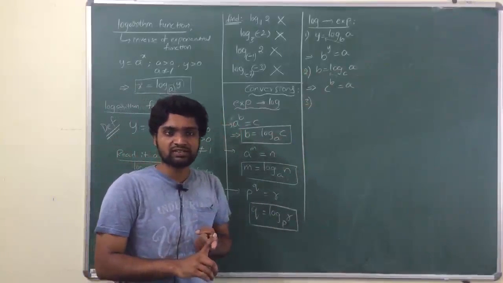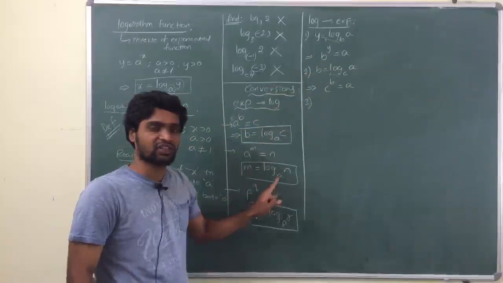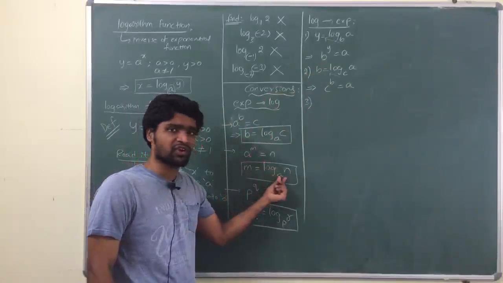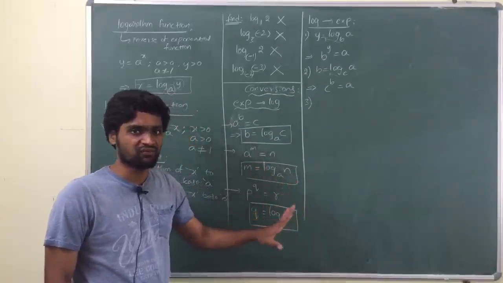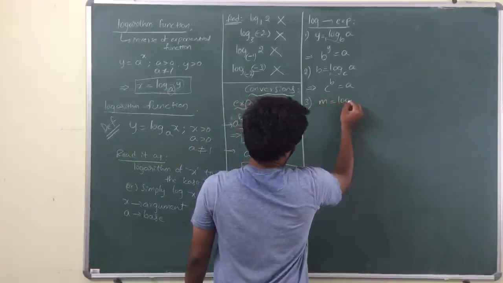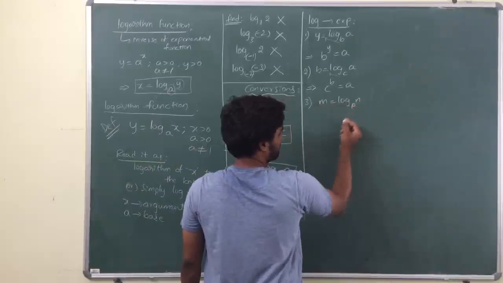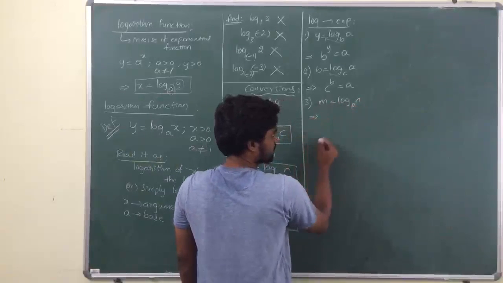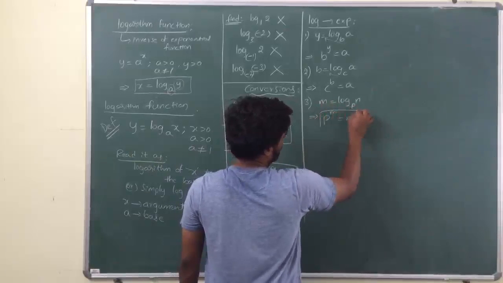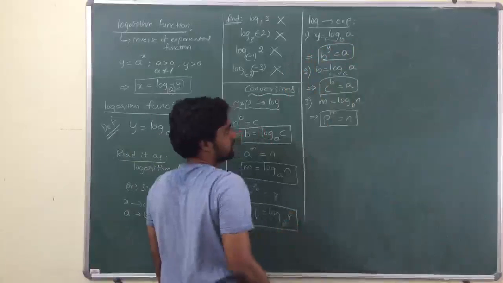While conversion, base of exponential function and logarithmic function remains same. Base is same for both. Next, m is equal to log n to the base p. So how will you get that? Again, p power m is equal to n.